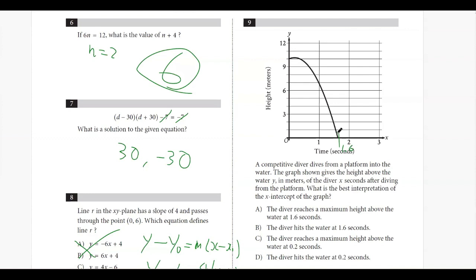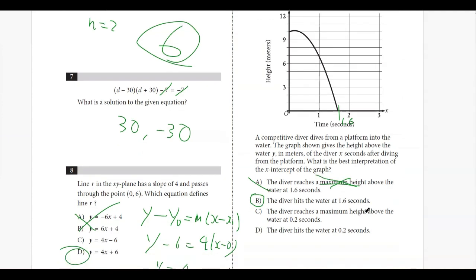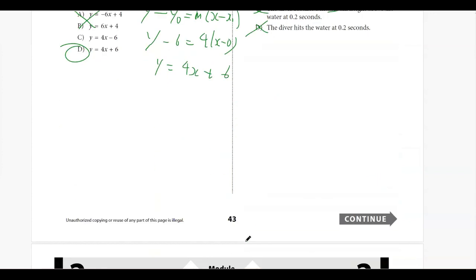B is correct. A is wrong because the diver does not reach the maximum height. Anything with maximum height is wrong here. And obviously D is wrong because this is not 0.2 seconds, it's 1.6.